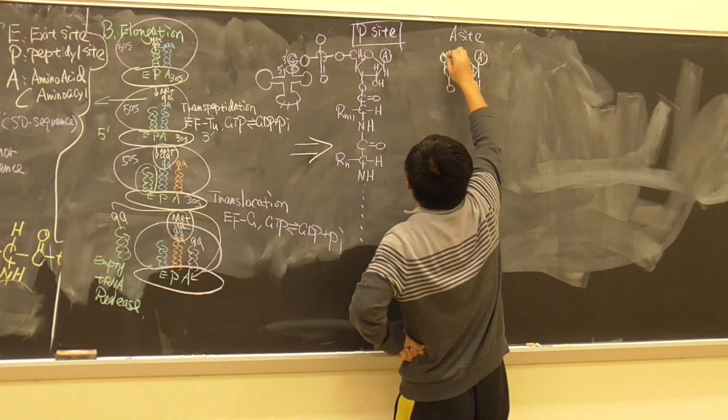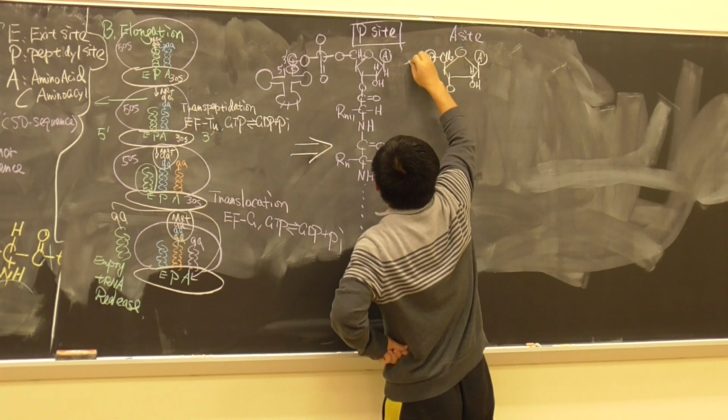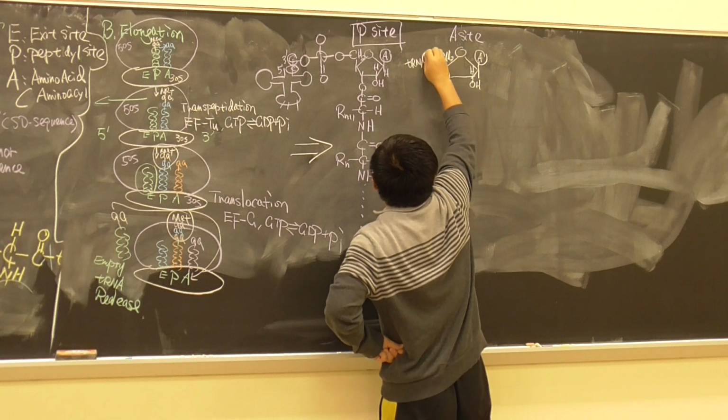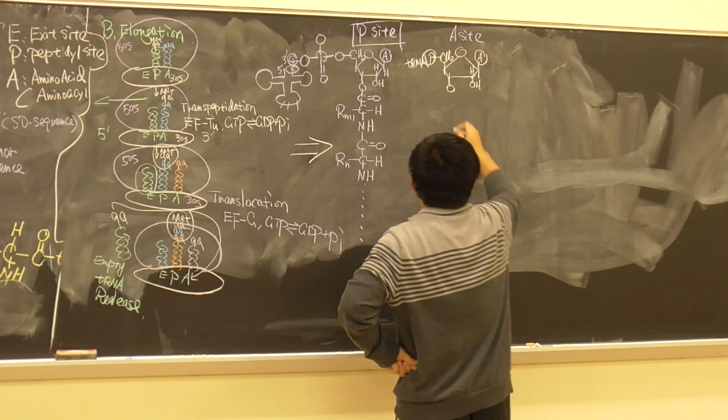Now here we're going to draw it easy. Okay, phosphate with a tRNA. Otherwise it's too long. Okay, it goes here.